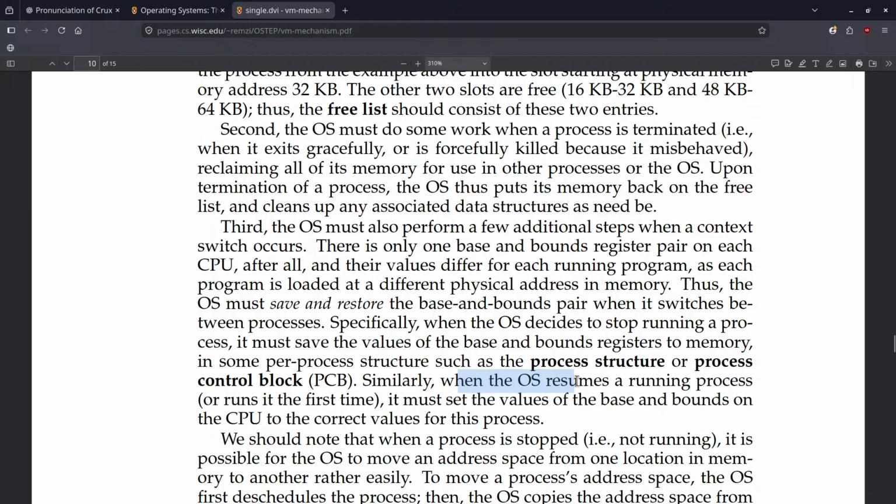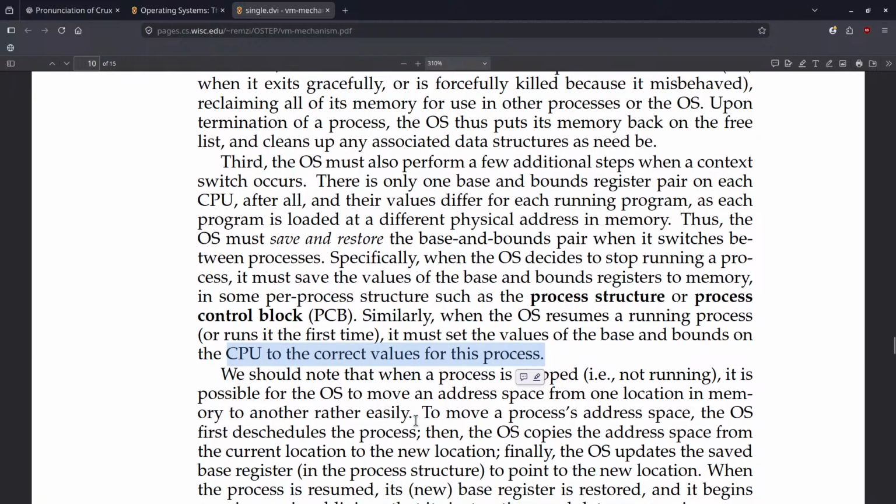Similarly, when the operating system resumes a running process or runs it for the first time, it must set the values of the base and bounds on the CPU to the correct values for this process.